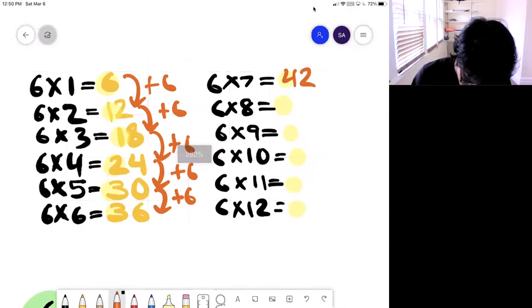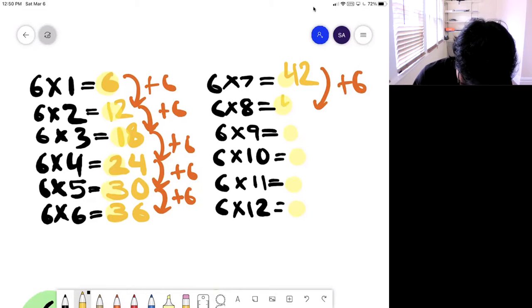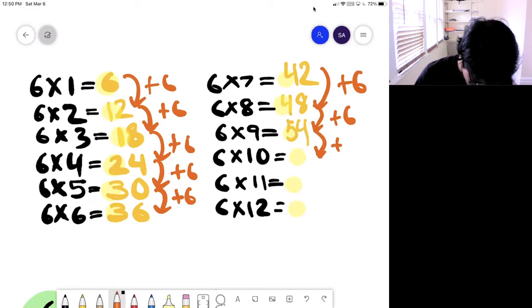Keep going, keep going. Oh, whoa, wrong color. 42. Now add 6 to 42. Well, you're going to get 48. Add 6 to 48. You're going to get the next one, and that's 54. Add 6 to 54. You're going to get 60. Add 6 to 60.